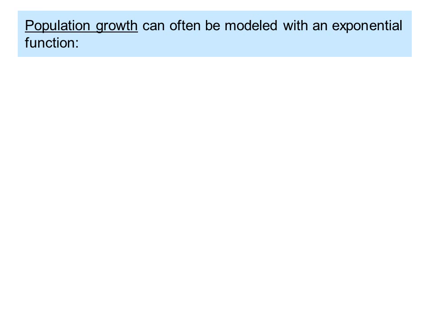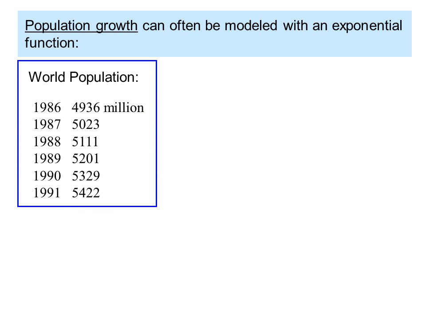Population growth can often be modeled with an exponential function. Here's a table of world populations from 1986 to 1991. Now we find the ratio from each year over the previous year. 523 divided by 4,936 is about 1.0176.